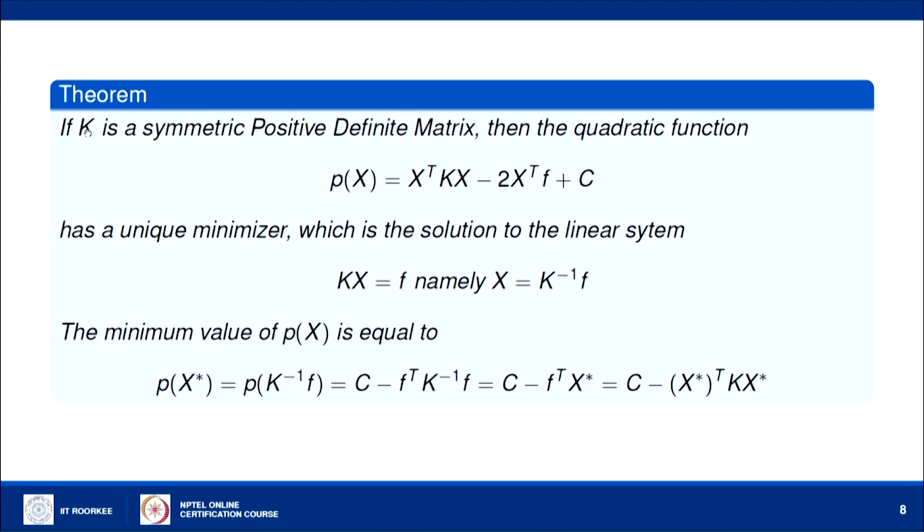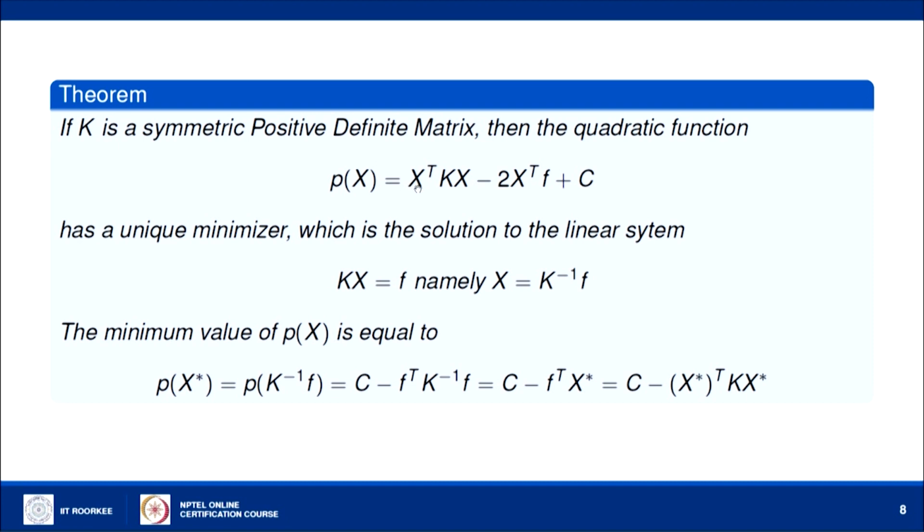So, if K is a symmetric positive definite matrix, then the quadratic function P(x) equals x transpose K x minus twice x transpose f plus c has a unique minimizer.